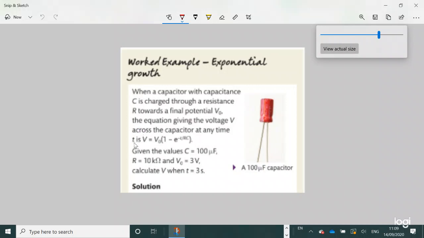Well, first of all, what are we trying to calculate? Exactly. So we know we need to calculate the V. So which is this V? Okay. All right. So microfarad.